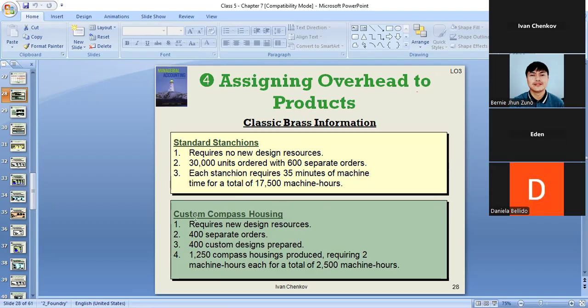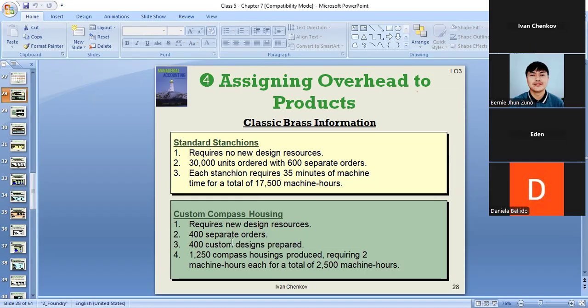Now let's see the other one, the custom compass housing. They require new design for every time somebody orders this one. Then they have 400 separate orders. 400 customer designs are prepared.